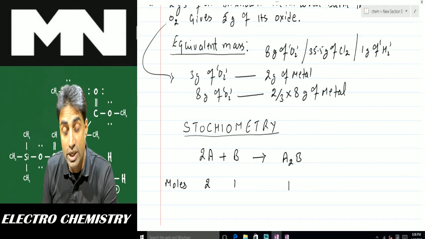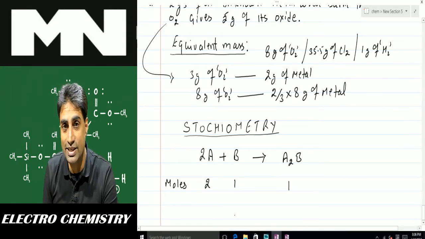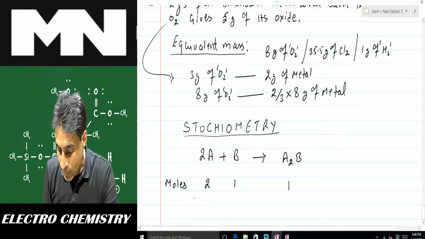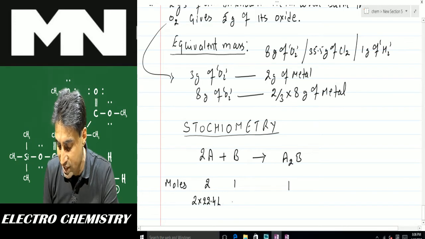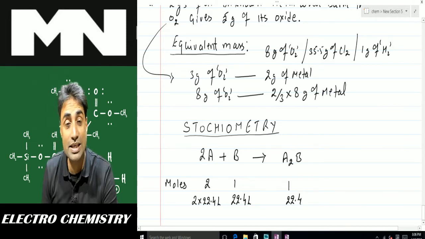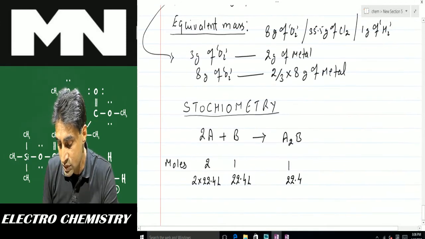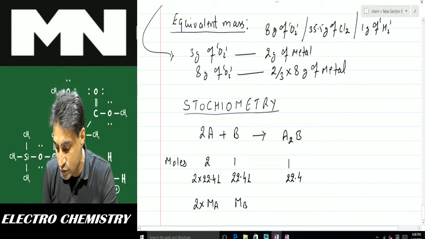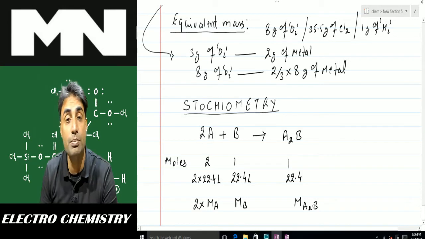Likewise, in terms of volume at standard temperature, since the reaction is at STP, I can say 2 into 22.4 liters of A is reacting with 22.4 liters of B to give me 22.4 liters of A2B. Or I can say 2 into molar mass of A is reacting with molar mass of B to give me molar mass of A2B compound.